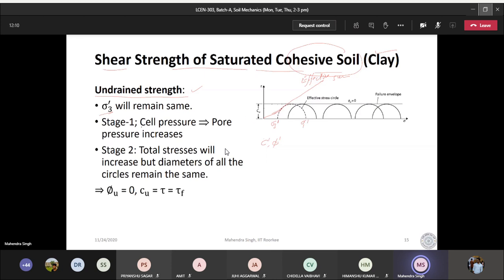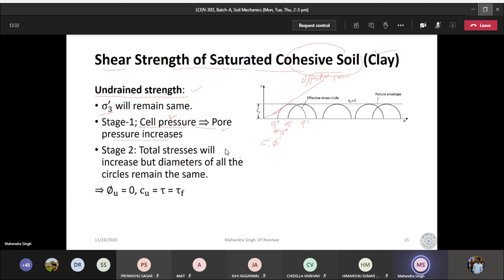Now, when you are doing any test in this condition, when you apply cell pressure, let us say you apply this much cell pressure, sigma 3, then the pore water pressure is going to increase.